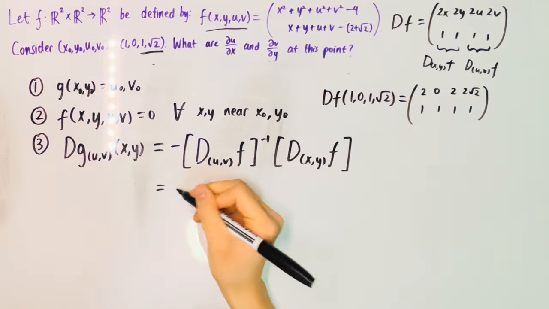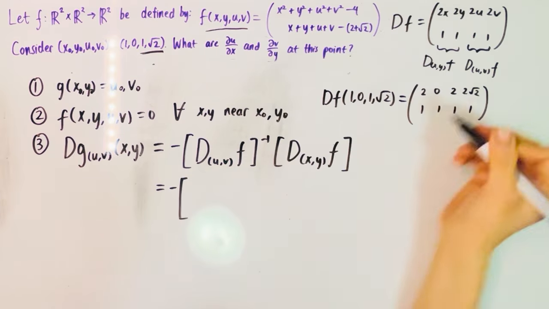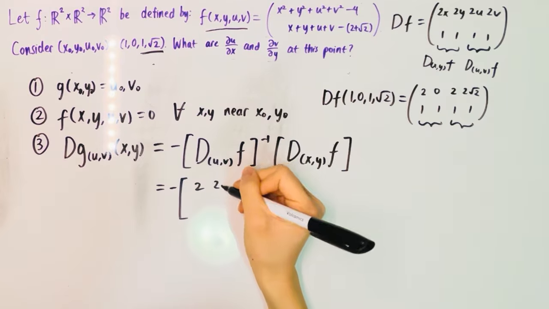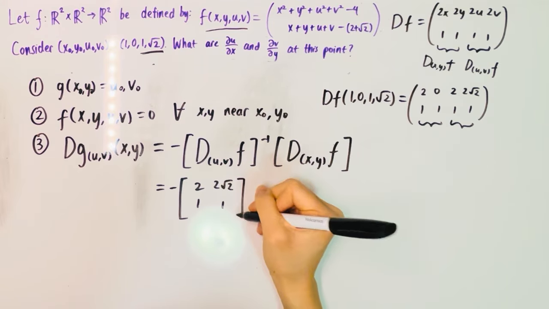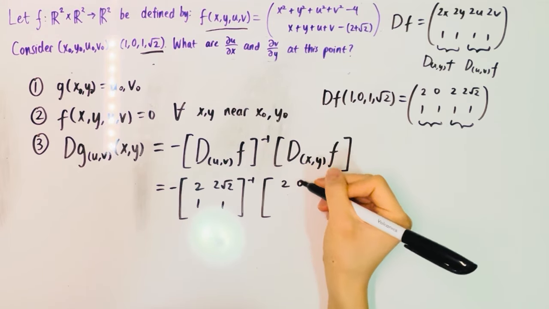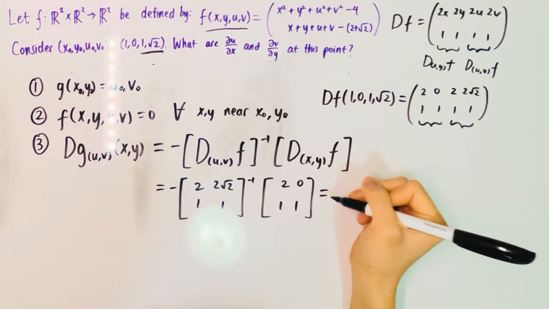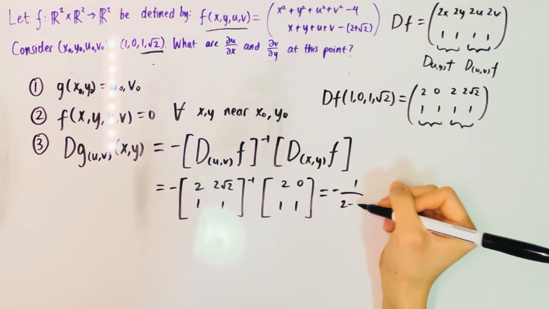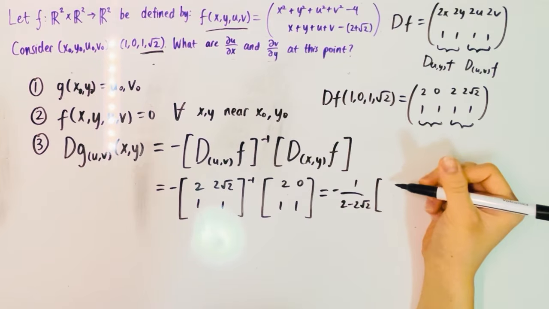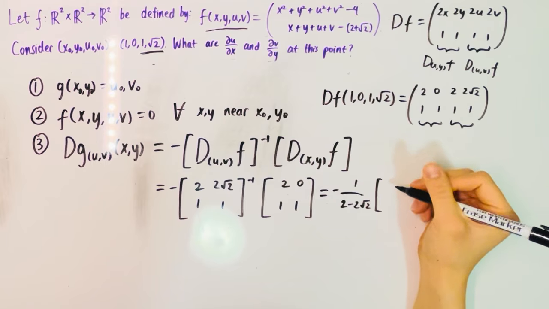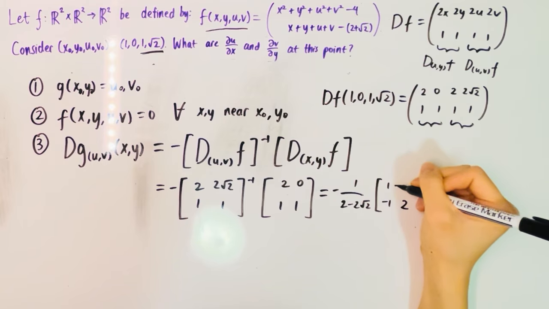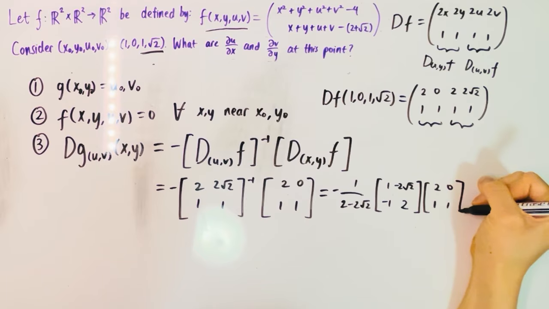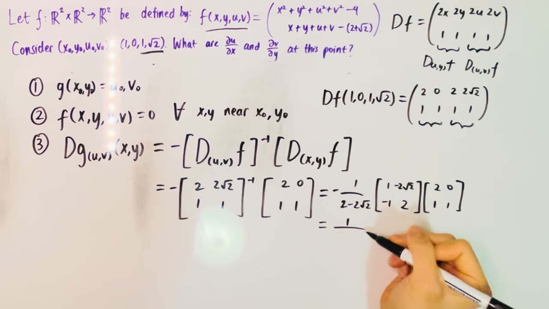This makes things a lot easier, because we can just see which part is d_(u,v) and which is d_(x,y). So it's going to be equal to the inverse times 2, 0, 1, 1. Remember that in order to invert a matrix, you divide by the determinant, which is 2 minus 2 square root 2, reverse the main diagonal, negate the off diagonal, and multiply. Just do some simple computation.